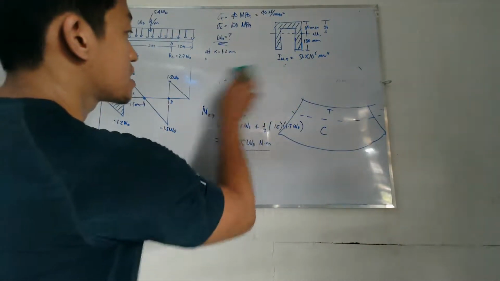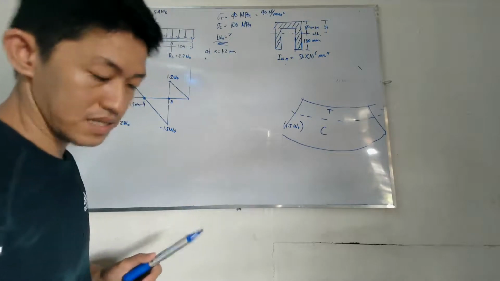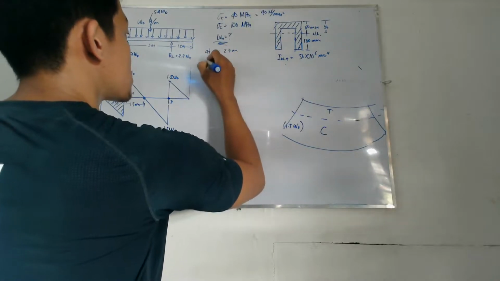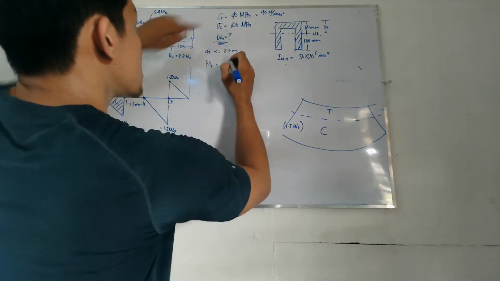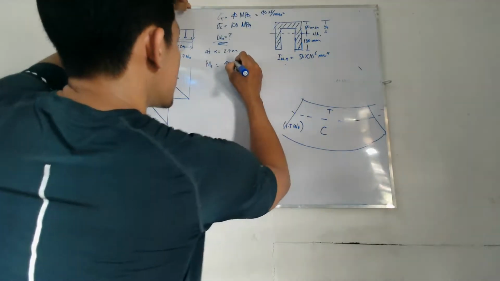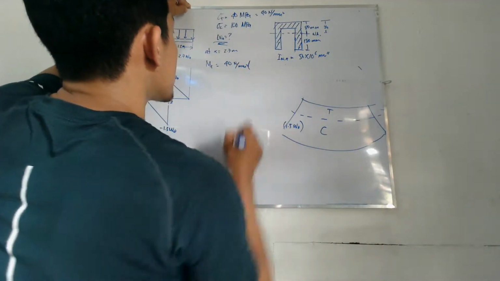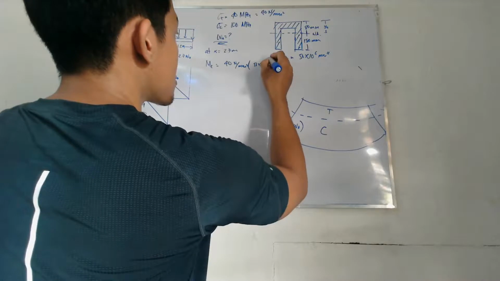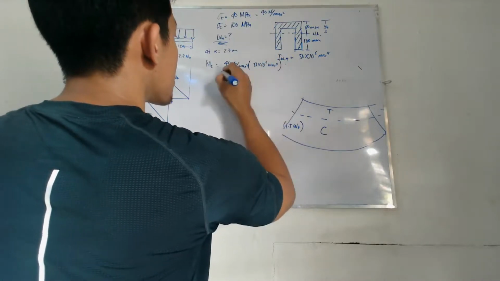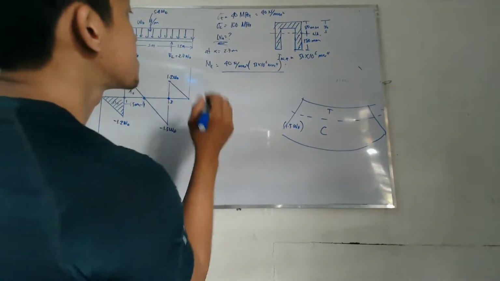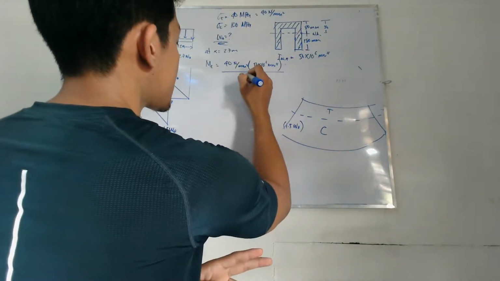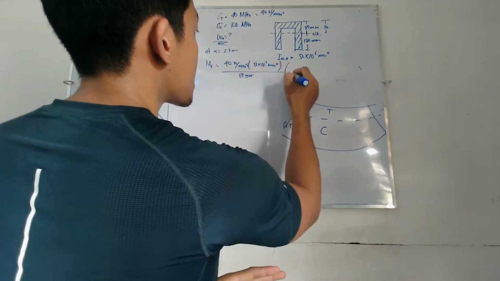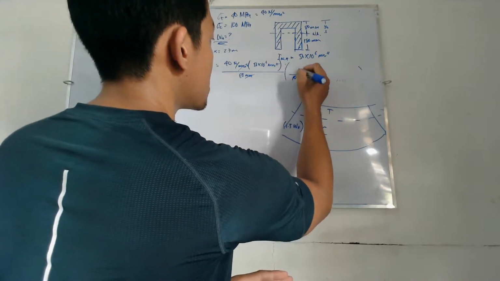Okay. Solve na to ang moment at 2.7. Tension 40 Newton per mm squared sigma I over Y. 80 mm then 1000 mm 1 m.